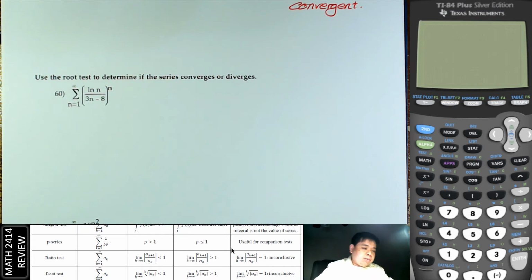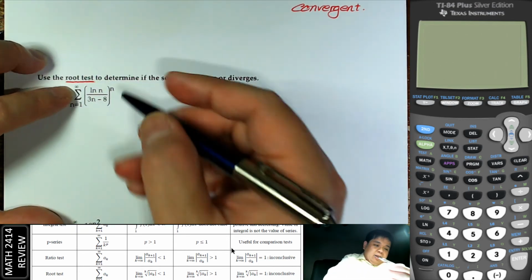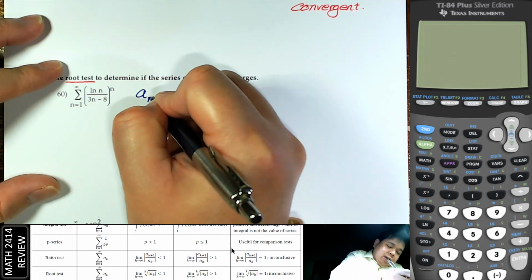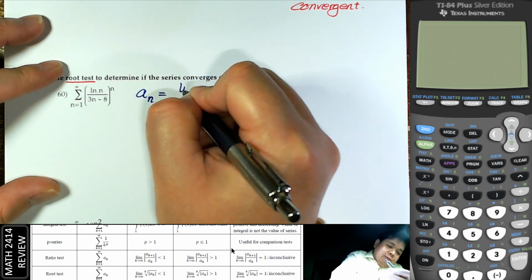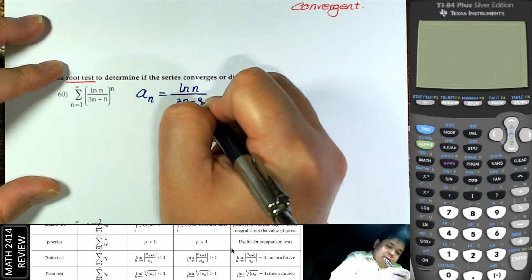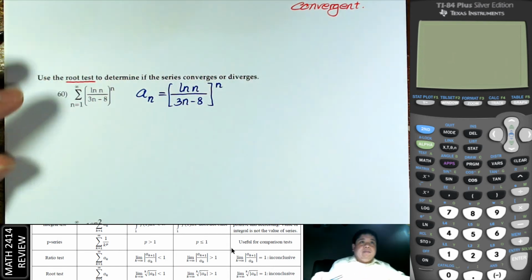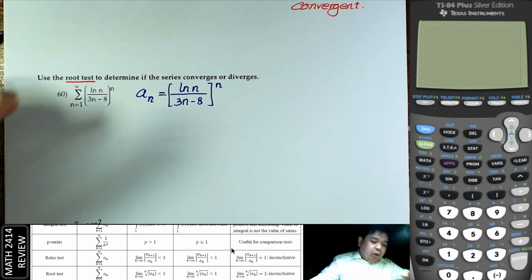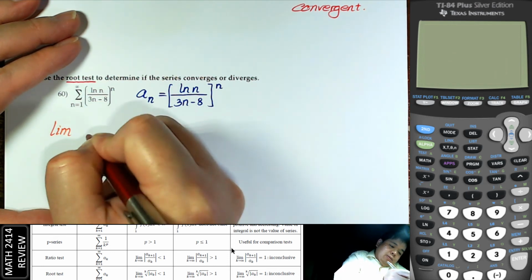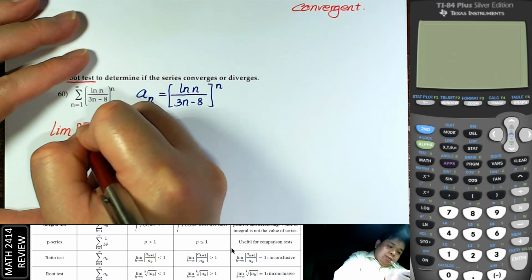Right. So for the root test, we're going to write out the term, this is n. Now the root test, if we take this to the n root.